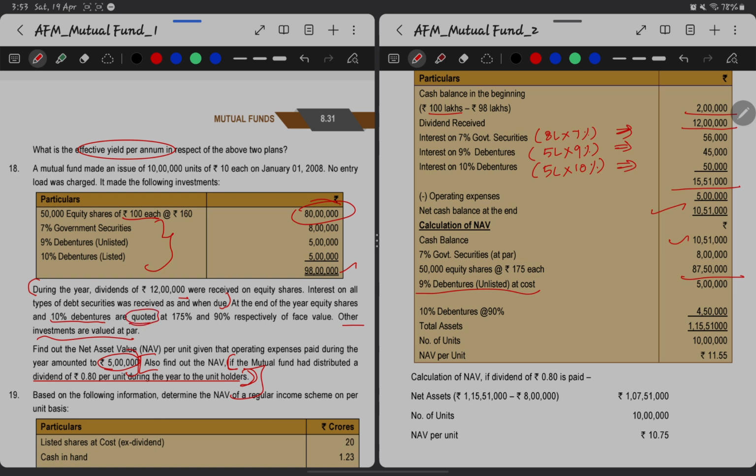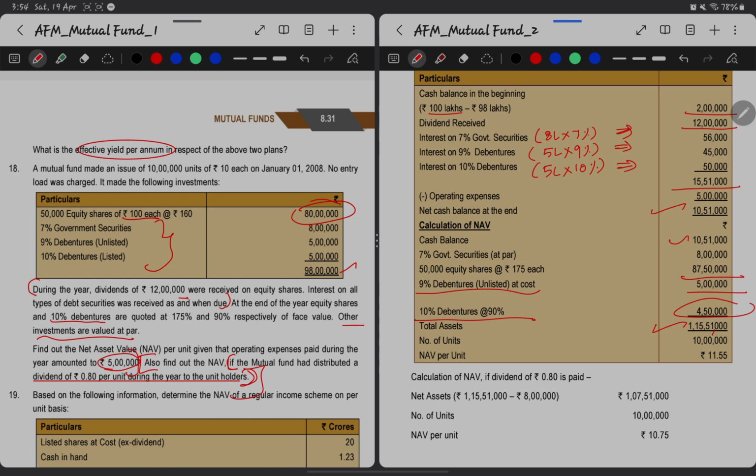So quoted signifies that it is listed. So 9% debentures which is unlisted will be recorded at cost 5 lakh, 10% debentures at 90 percentage, so 4 lakh 50,000. Hence the total assets, net asset value will be 1 crore 15 lakh 51,000.